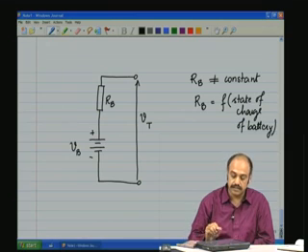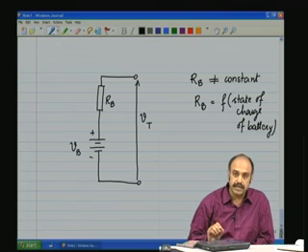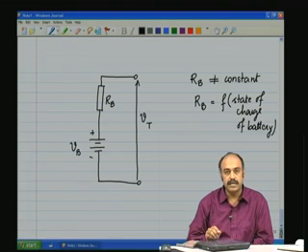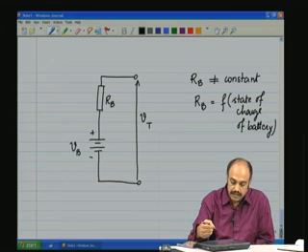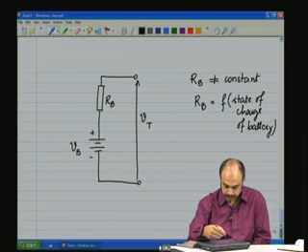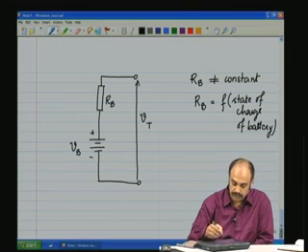What this means is, if the battery is fully charged, RB is low. If the battery is fully discharged, RB is high. So therefore we cannot take RB as a constant value also, like in the case of some of the sources.